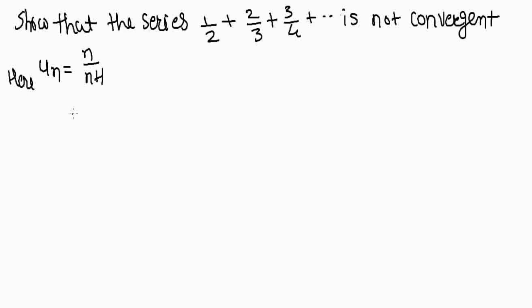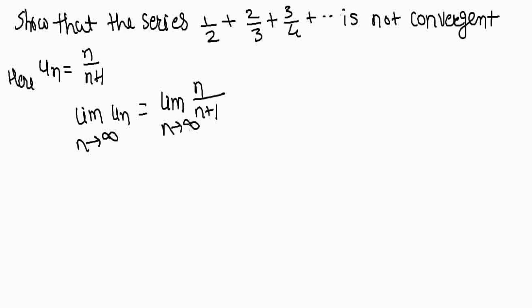So we take the limit of un as n tends to infinity. This is equal to the limit of n divided by n plus 1, n tends to infinity.